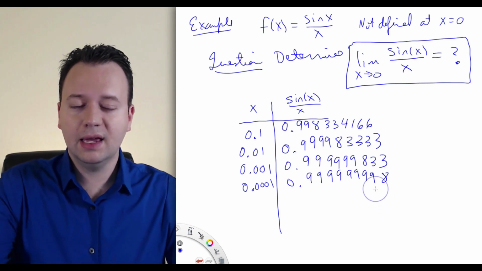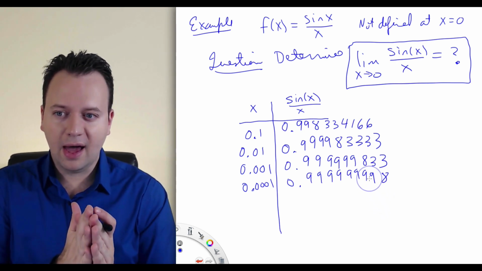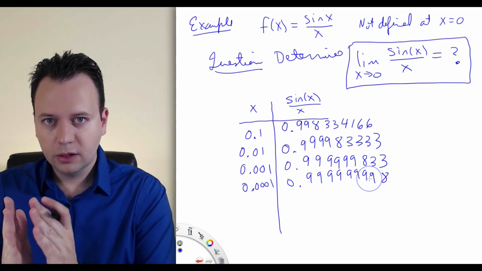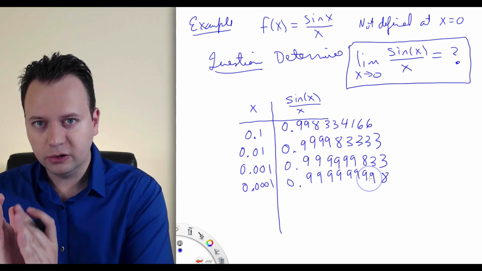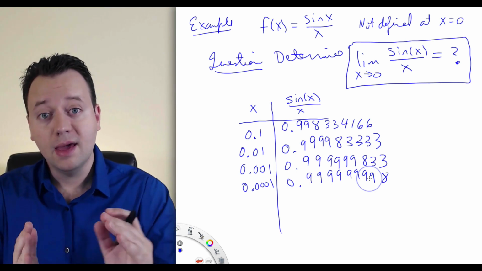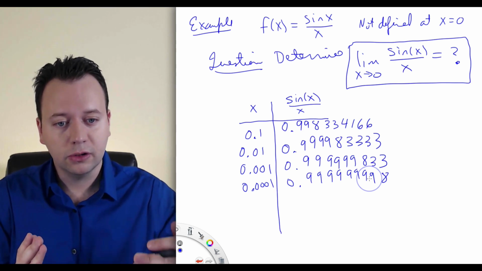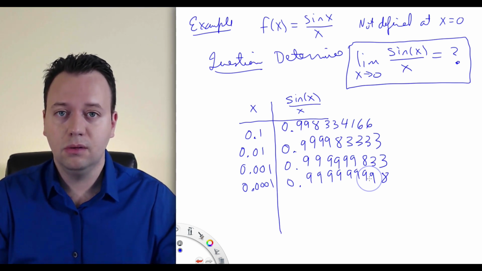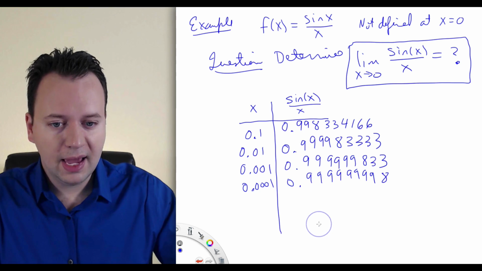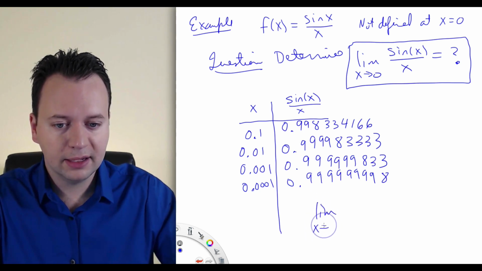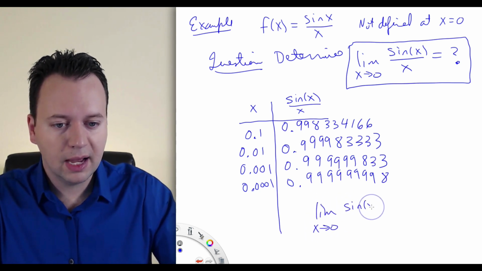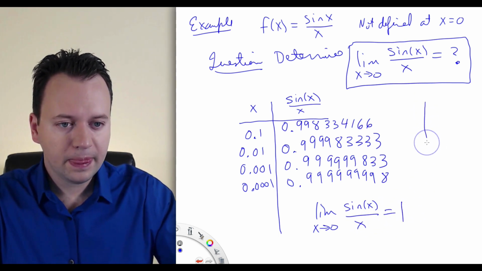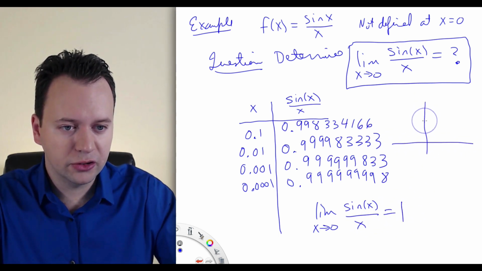So what you're seeing is as we're allowing the x value to approach 0, so x is getting smaller and smaller, the outputs are getting closer and closer to the number 1. So what we say is the limit as x approaches 0 of sine of x over x is equal to 1.